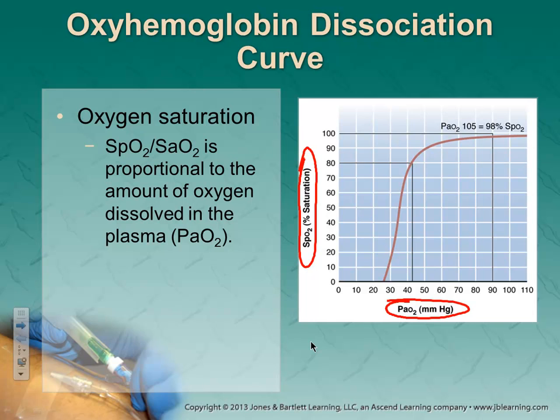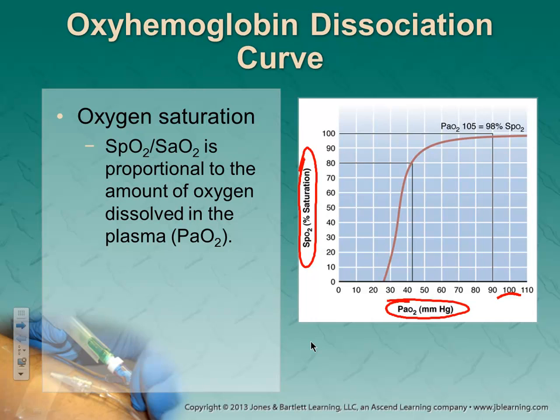So if we have a pressure of 100 millimeters of mercury, we have a partial pressure of 100 millimeters of mercury that's applying pressure to the arterial blood.